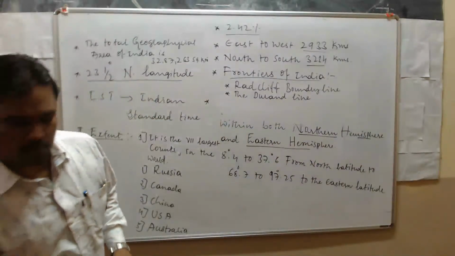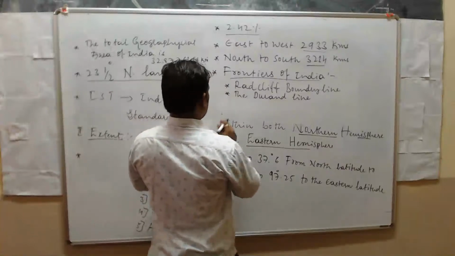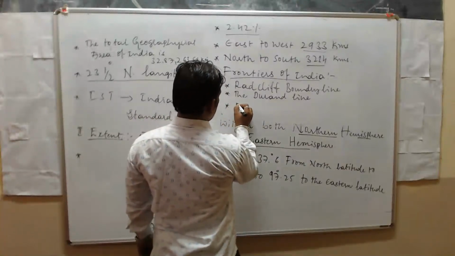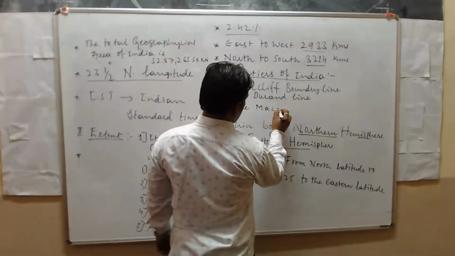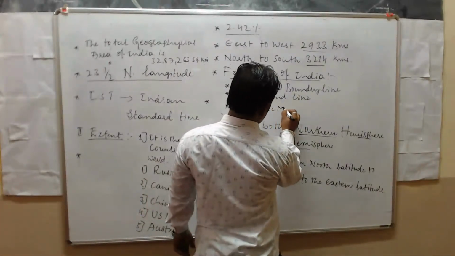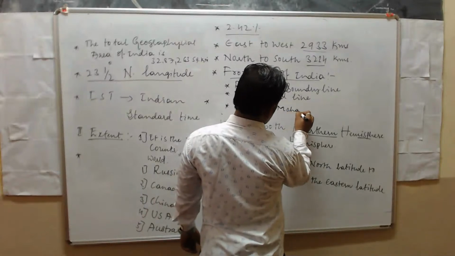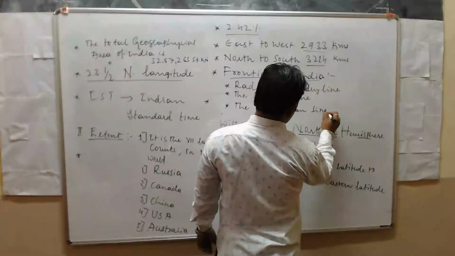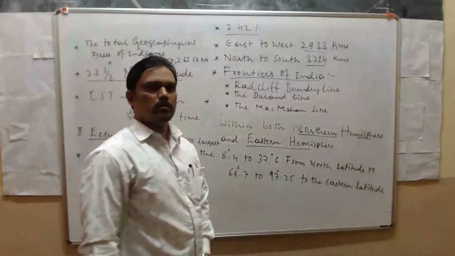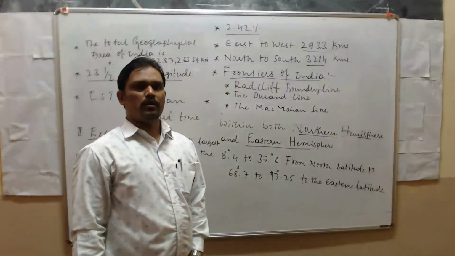Third one, McMahon line. These are the three important frontiers of India.